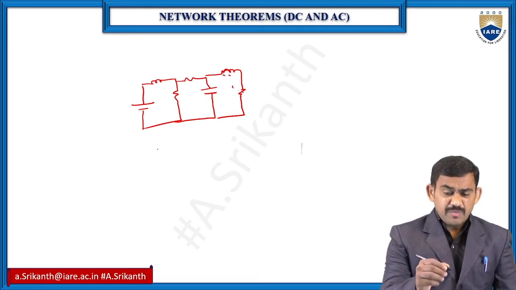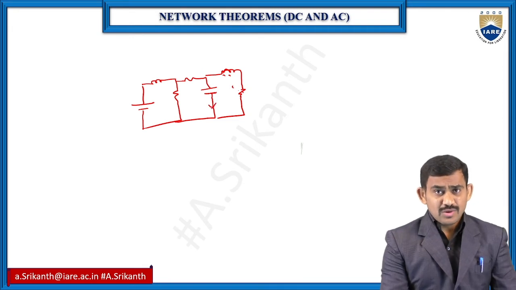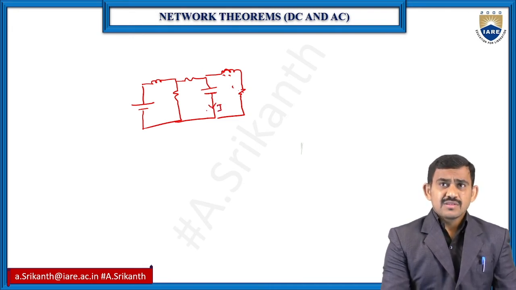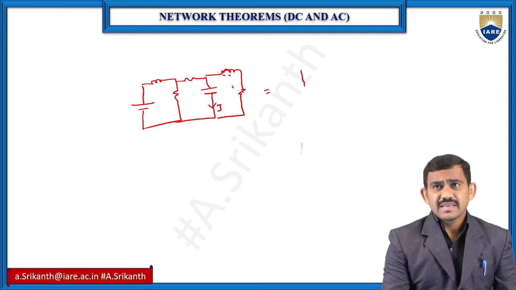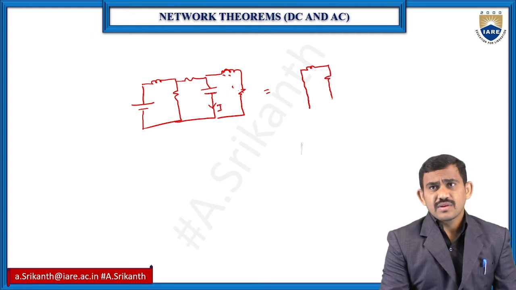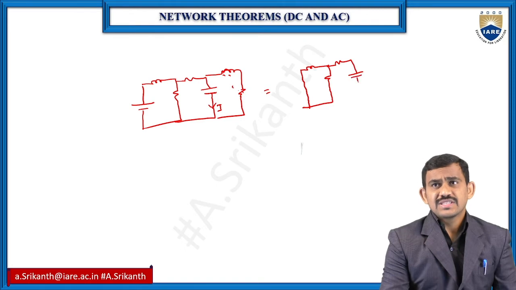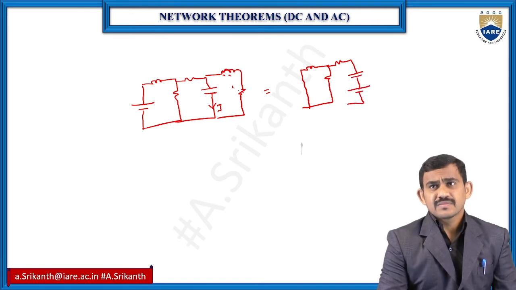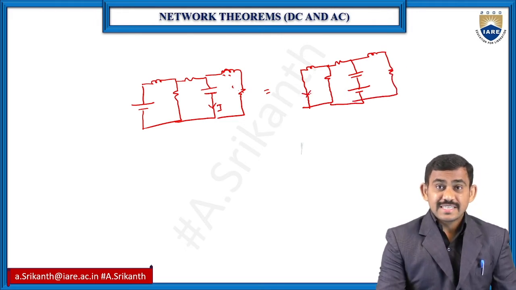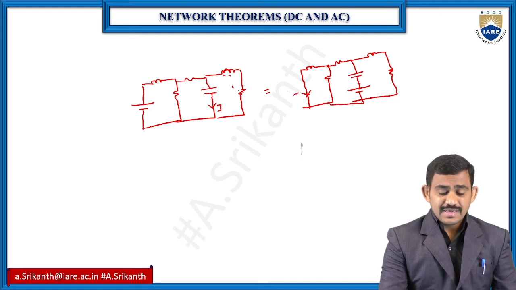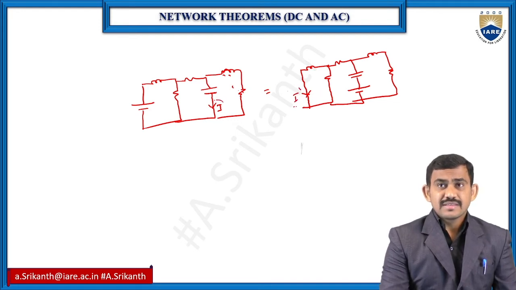Here I want to find the response, suppose I. Then I is equal to the same circuit, but here the voltage is replaced at this branch, and the remaining circuit is as it is. Now I find the response at this voltage branch, and that response is equal to this response.